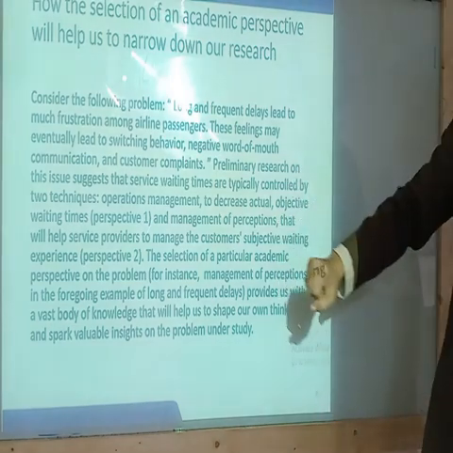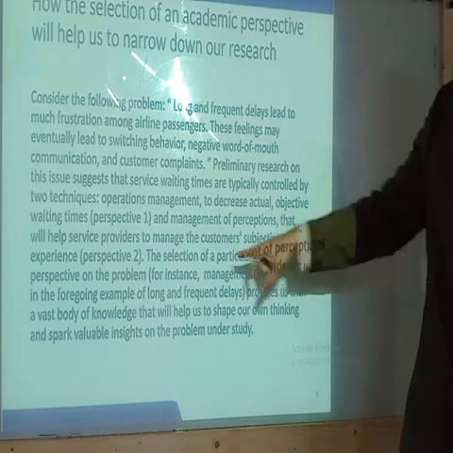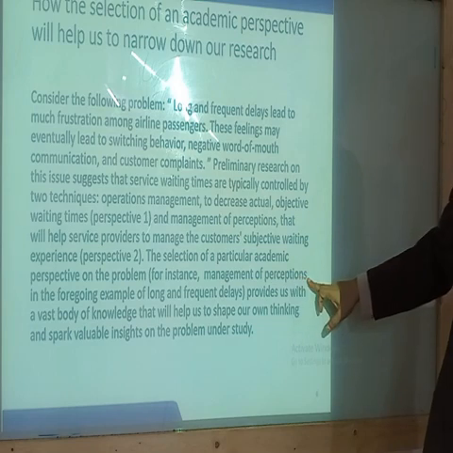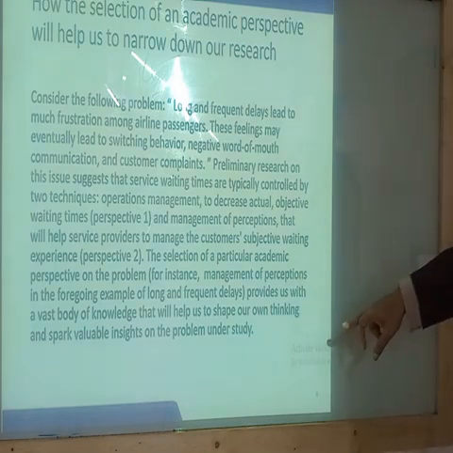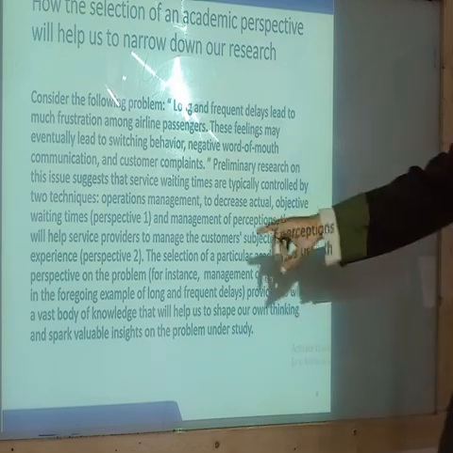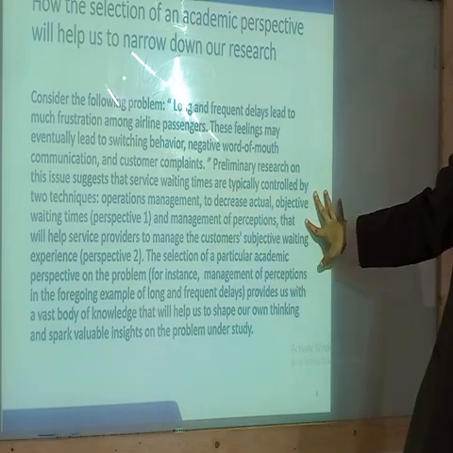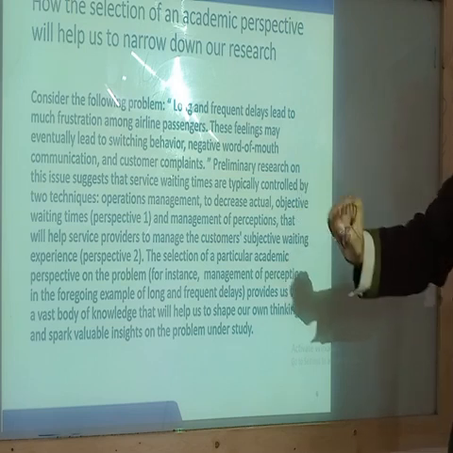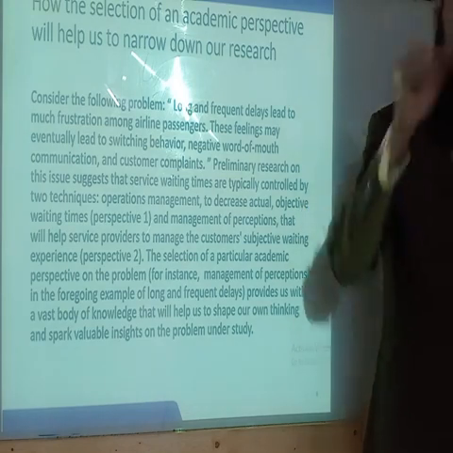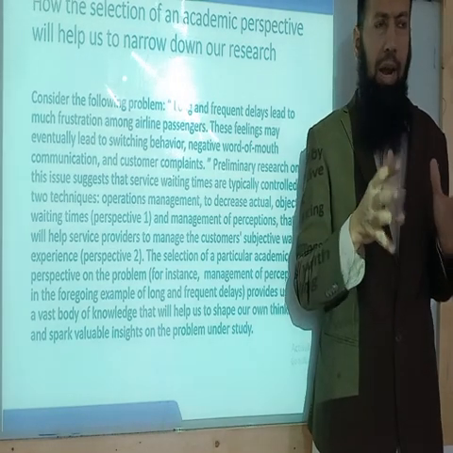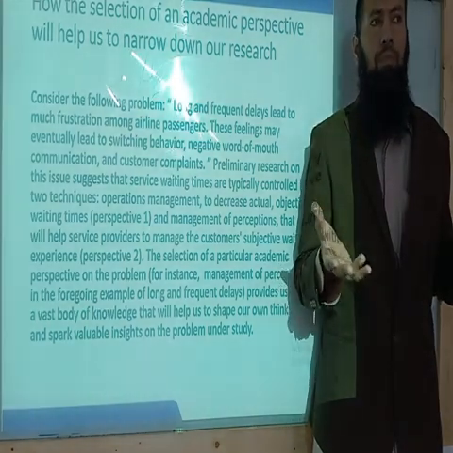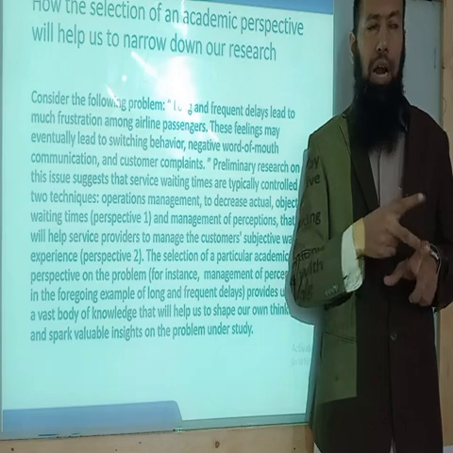Another perspective is the selection of a particular academic perspective on the problem, for instance, operation management to decrease the actual objective waiting time. The other perspective is you need to look at where the problem lies, so that the waiting would not be there. There are two perspectives. So you can adopt any one.